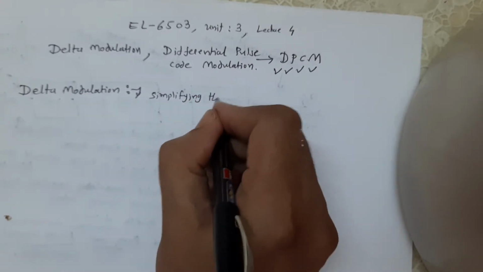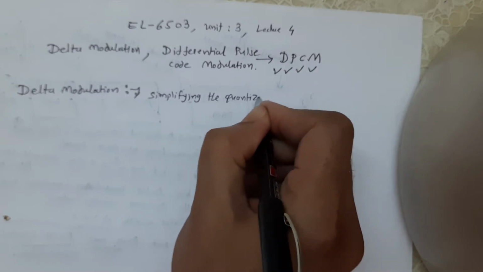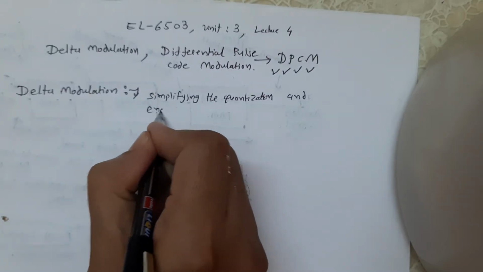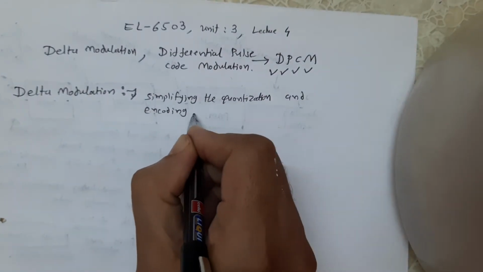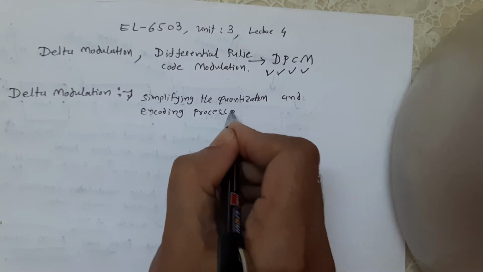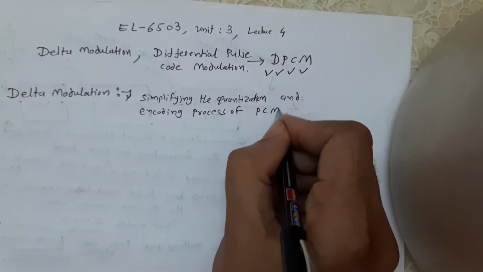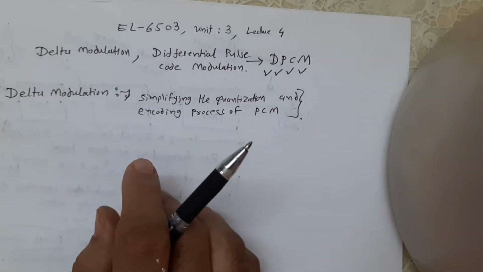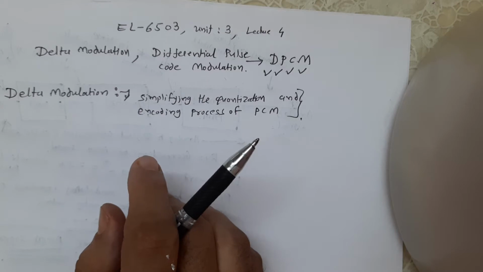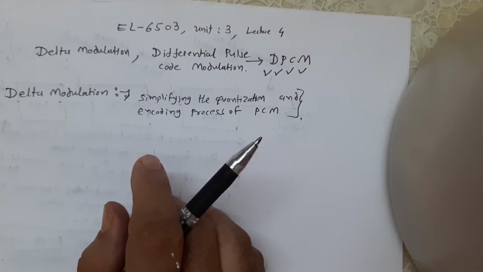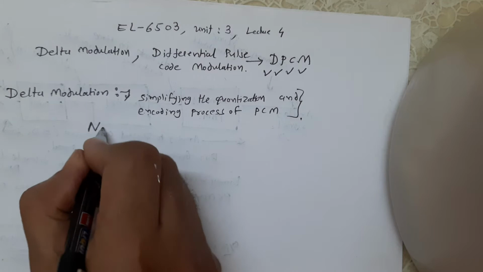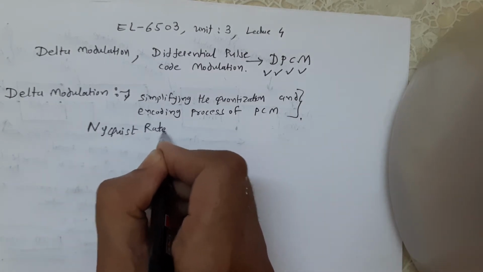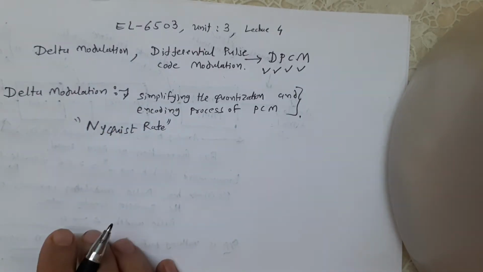To enable this, the signal is sampled at a rate much higher than the required Nyquist rate.